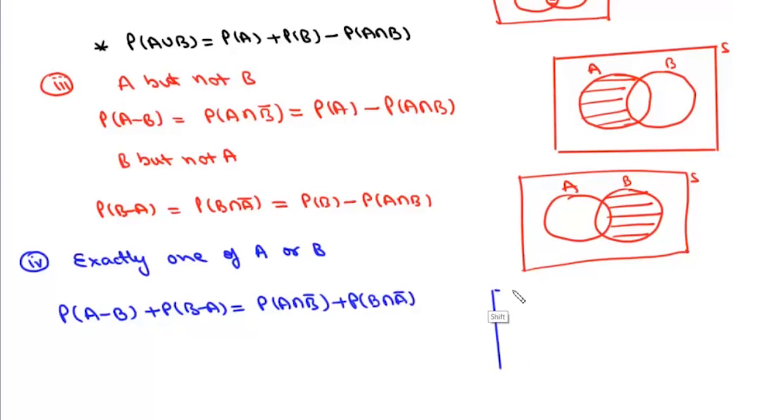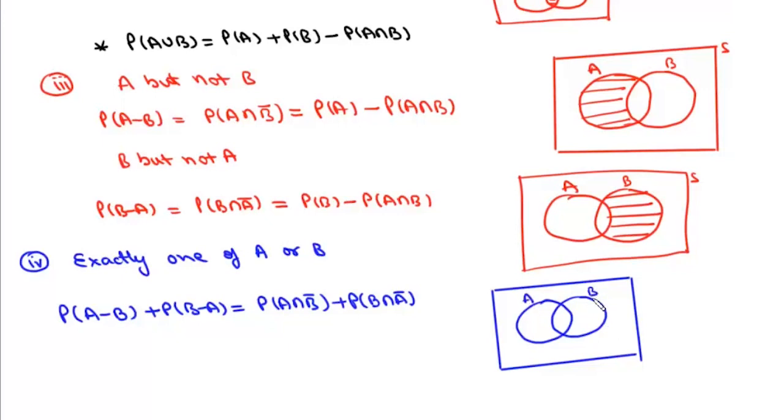So here basically we are talking about region which is either completely in A but not in B, or region in B which is not in A. Now this is PA minus P(A intersection B), and this is PB minus P(A intersection B). So we can write this as PA plus PB minus 2 times P(A intersection B).